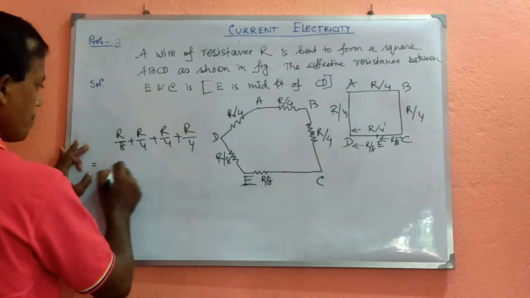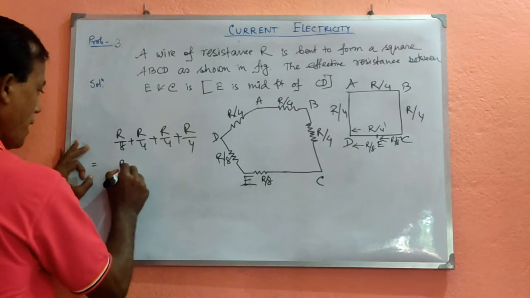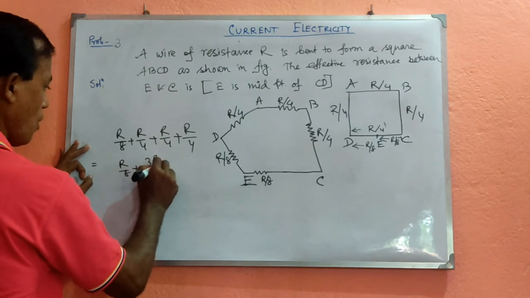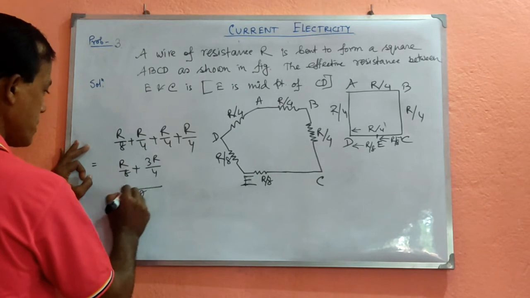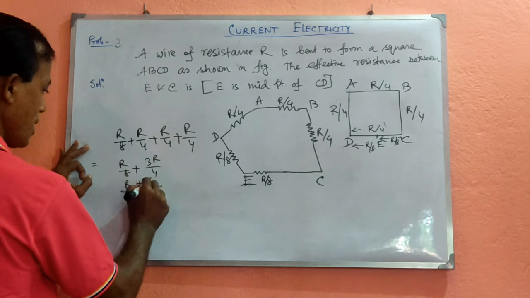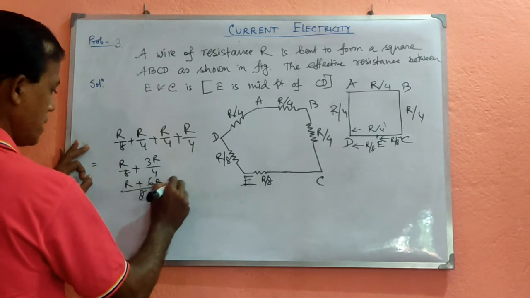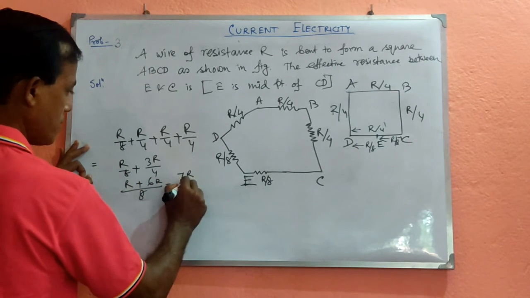So this becomes R by 8 plus 3R by 4. So R plus 6R, that is 7R by 8.